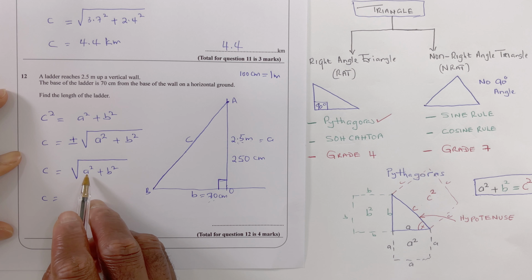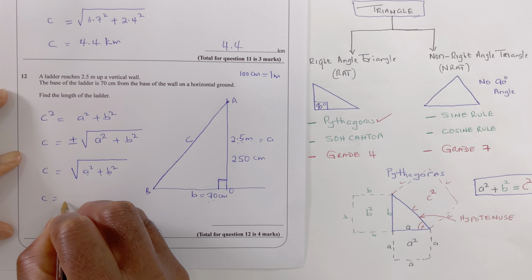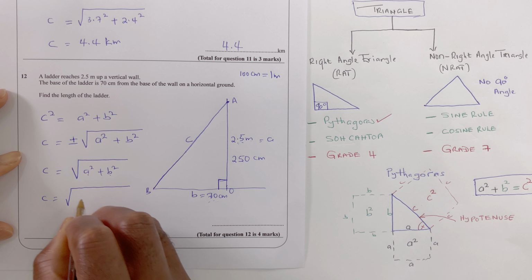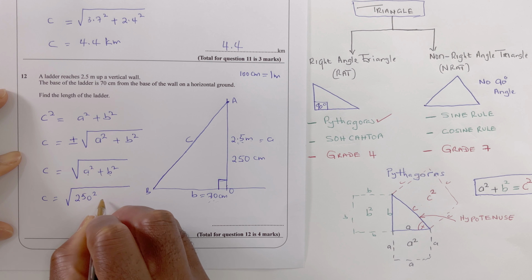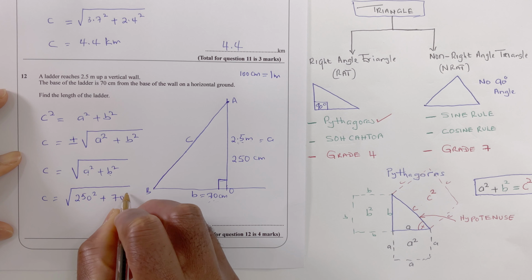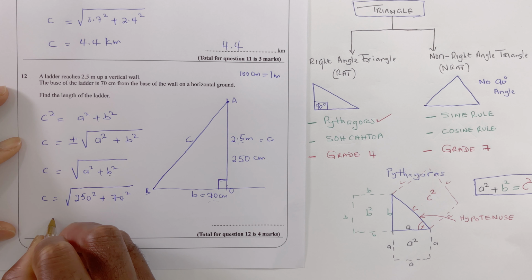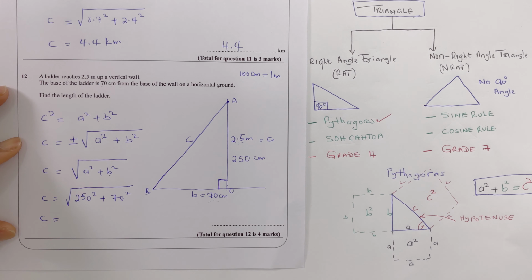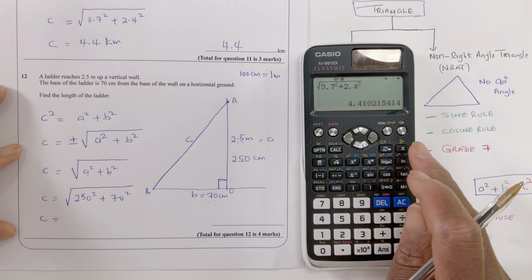So we need to populate A and B with their values. So that would be the root of 250 squared plus 70 squared. This is in centimeters, by the way. And so let's get our calculator in. Clear the screen.